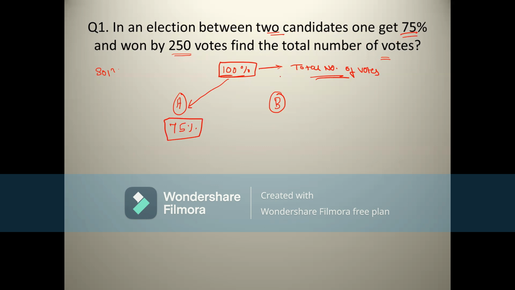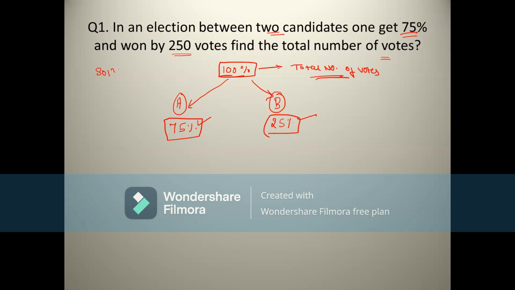Then how many percent of votes does B get? Of course, B will get the remaining, that is 100 minus 75, which is 25% of votes.